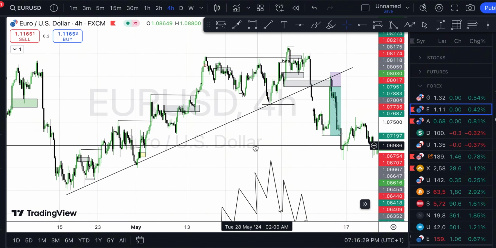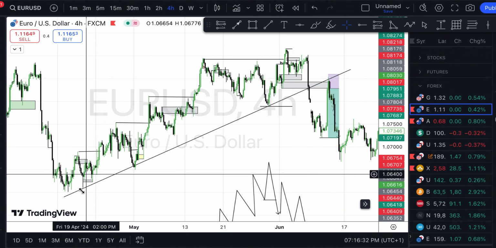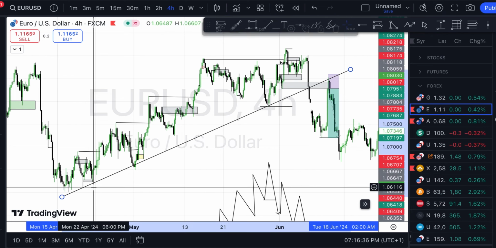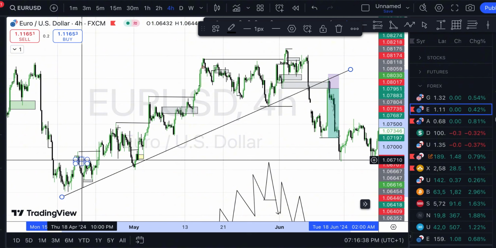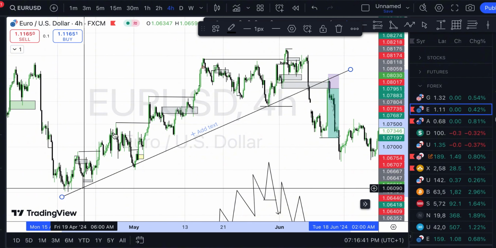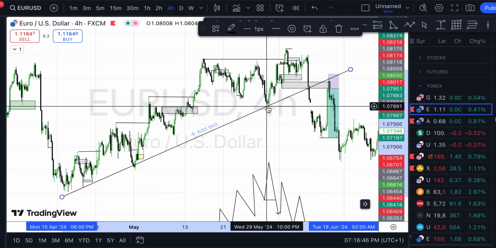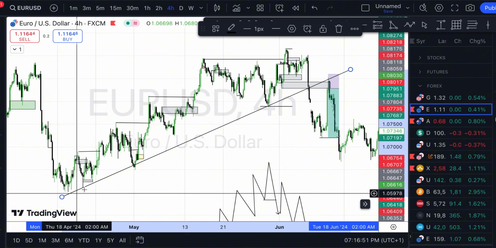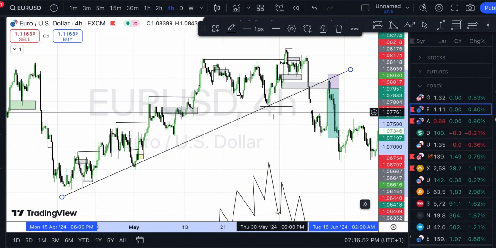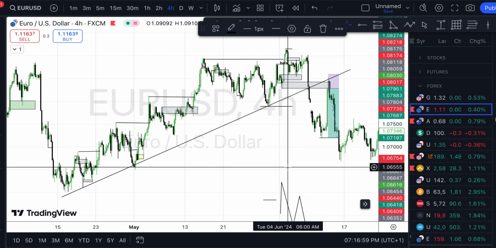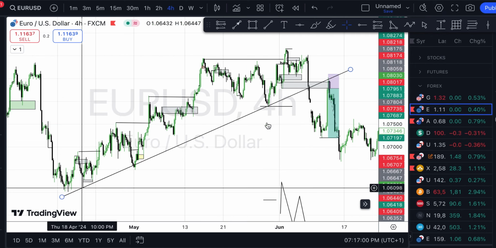A valid trend line must have three touches. You see price bounce from here, one, two, and three. So this is a valid trend line. It might have more, but to be on the safer side, a trend line should have at least three touches.